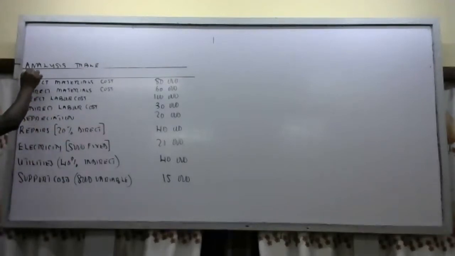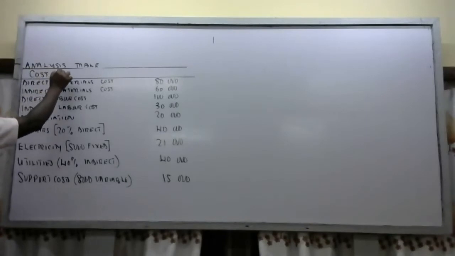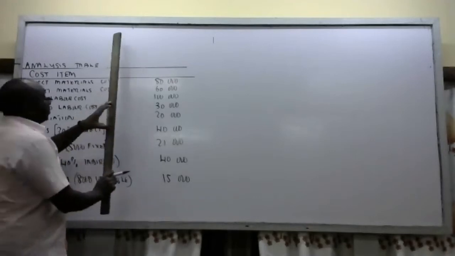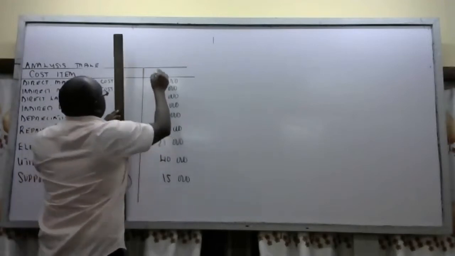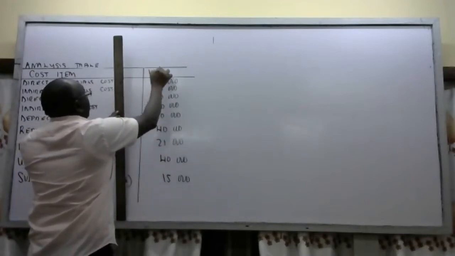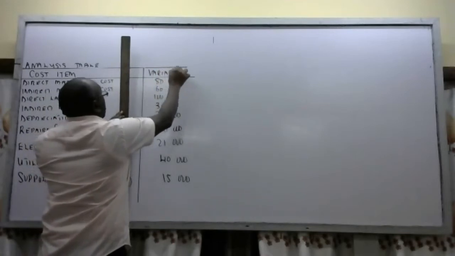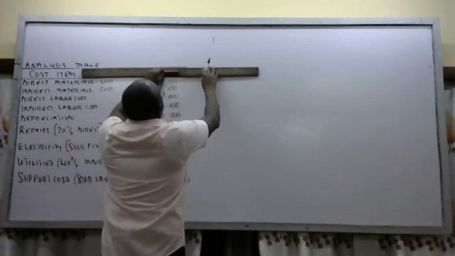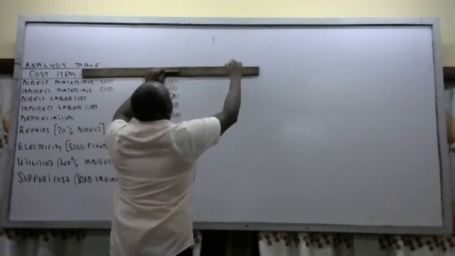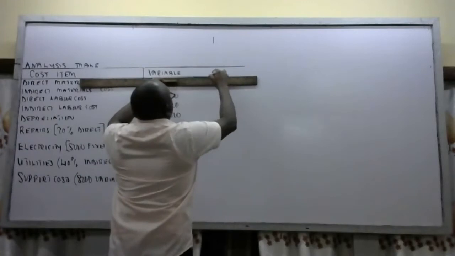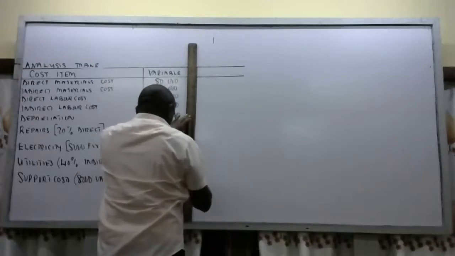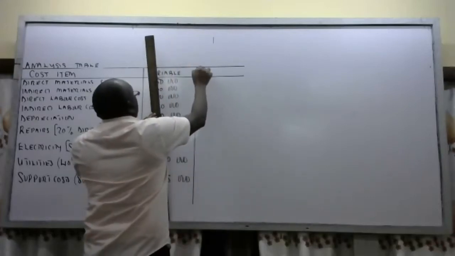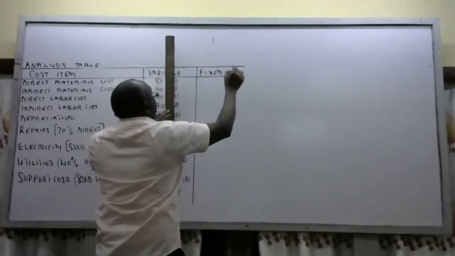The first column is where we have the cost item. The second column is where we have the variable costs. And the third column is where we have the fixed.